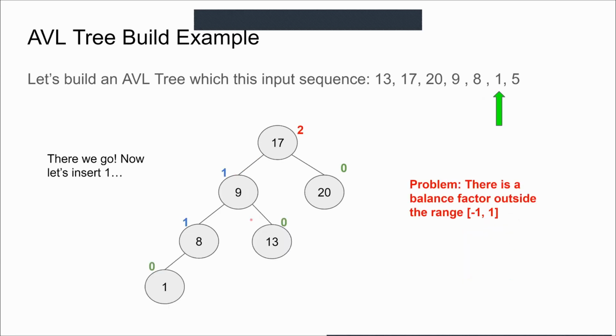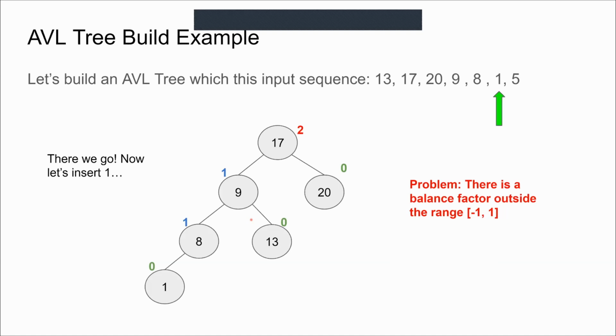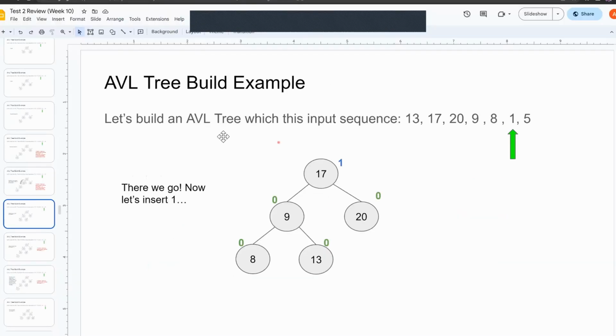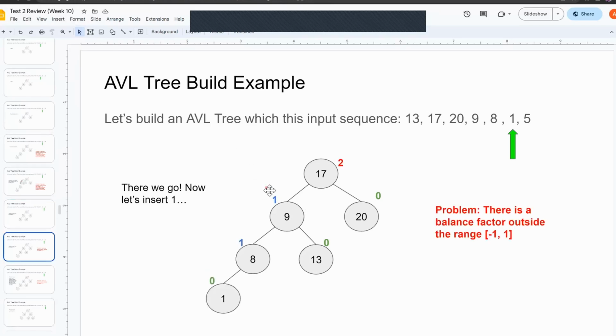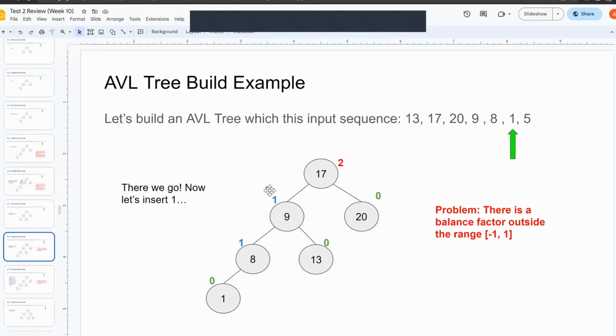Now we're going to insert 5. Oh, we're going to insert 1. We insert 1, and we see that our balance factor, fortunately this time not for 2 things, is outside of our range, and we're going to need to balance this tree. Briefly, this part is a little bit confusing, and that's why I wanted to cover it, going from this step to this step.